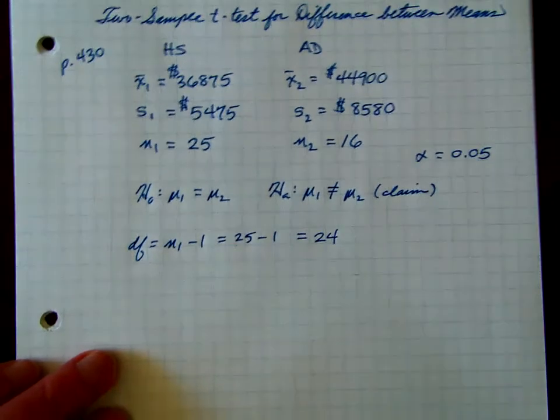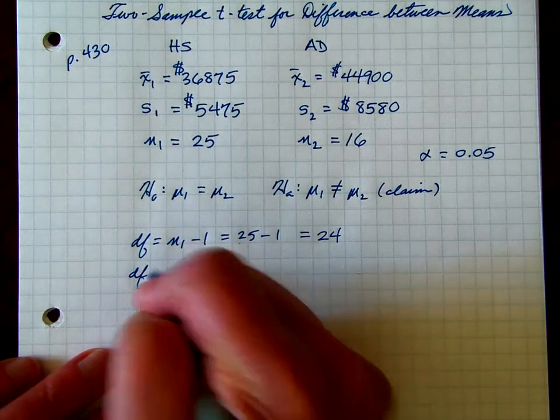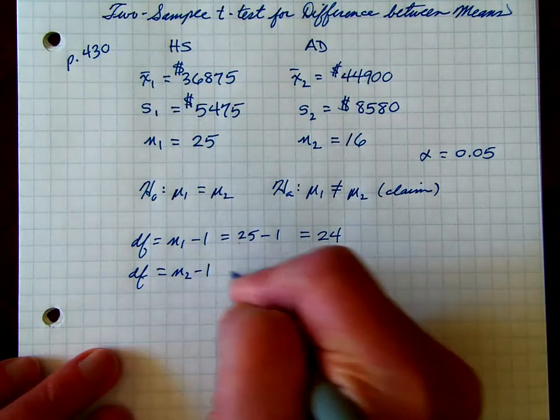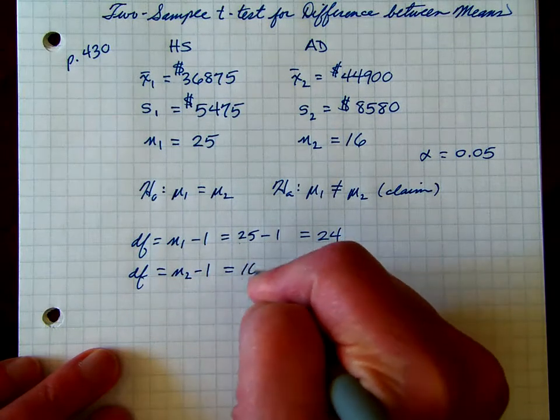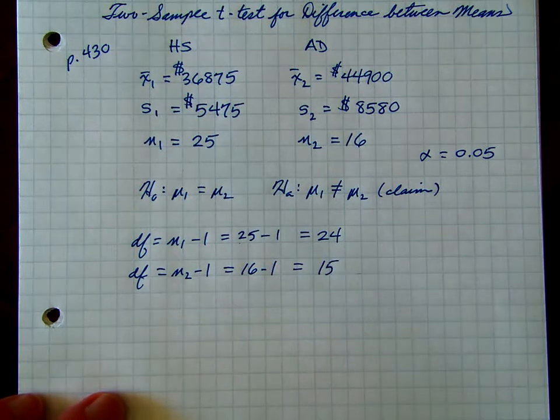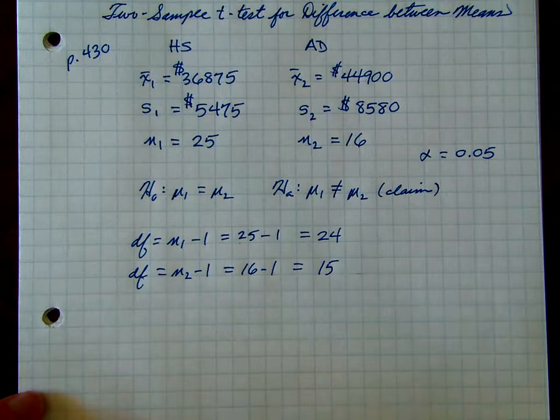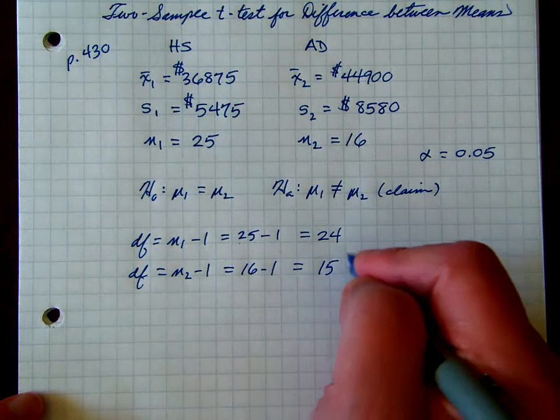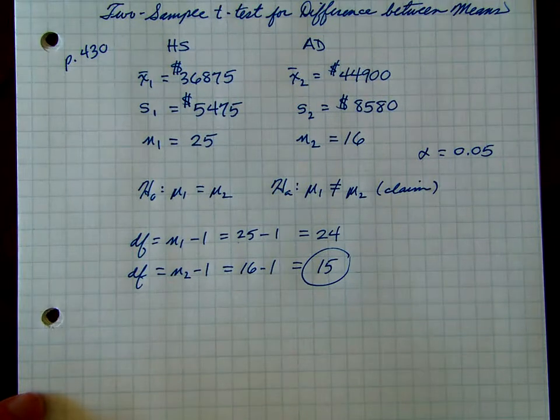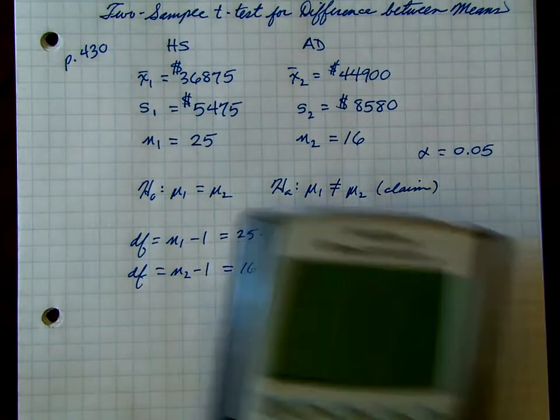But if you look at the other case, the associate's degree, n2 minus 1, 16 minus 1 equals 15, 15 degrees of freedom. And the rule when you're doing this sort of thing is you go with the more restrictive of the two. So 15 degrees of freedom is what we're looking at.